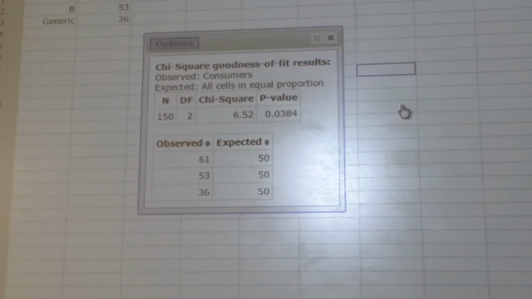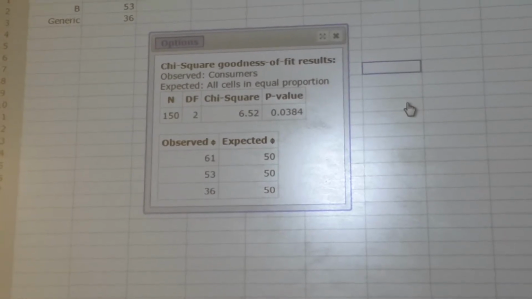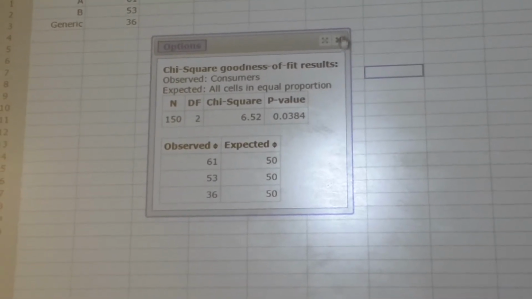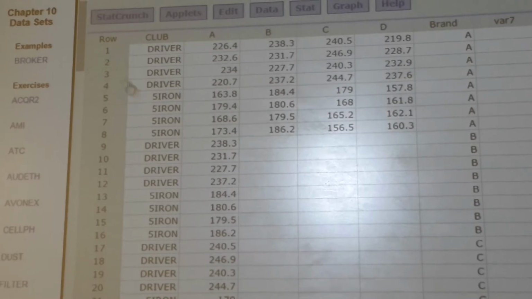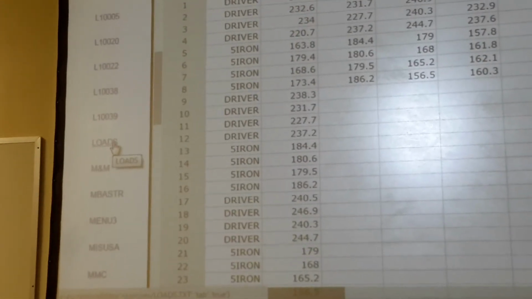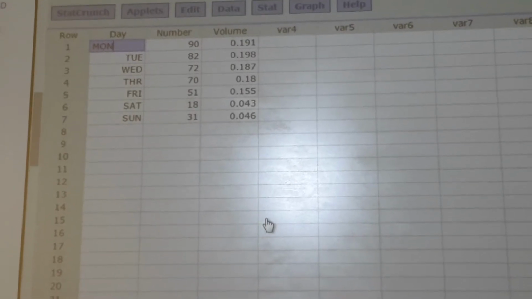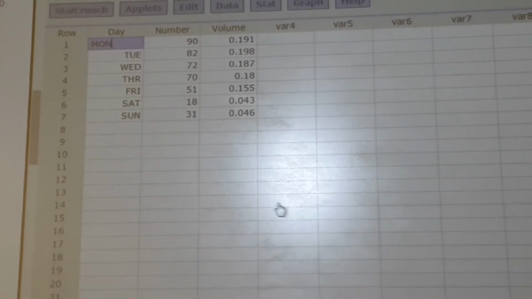I want to take a look at a couple of other situations here with chi-square tests. For this next one, I'm going to call up this file called loads. This data is actually based on problem 10.17 on page 571.